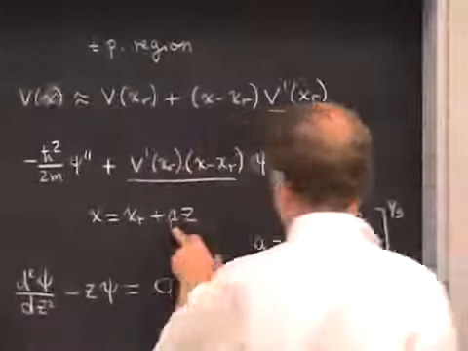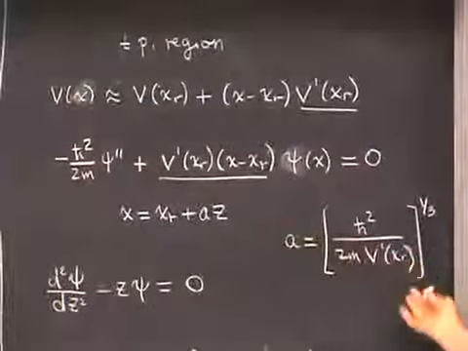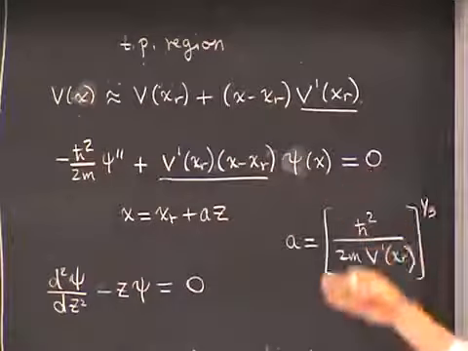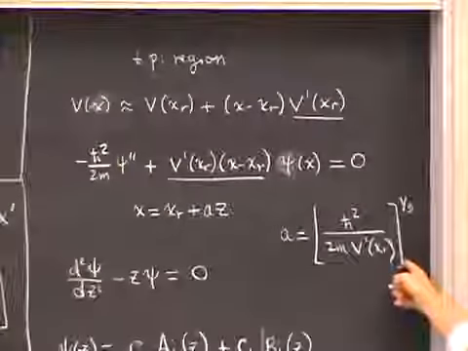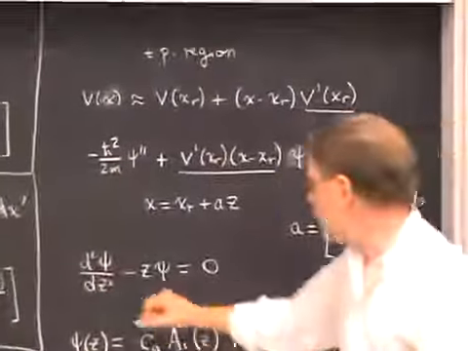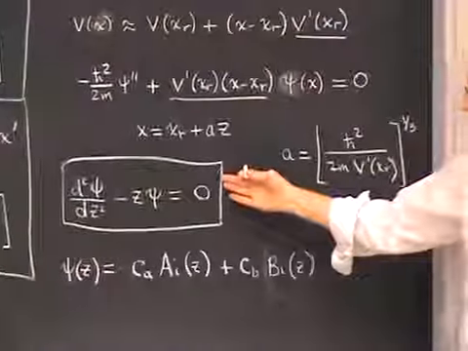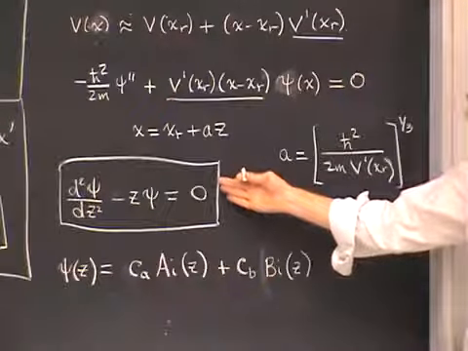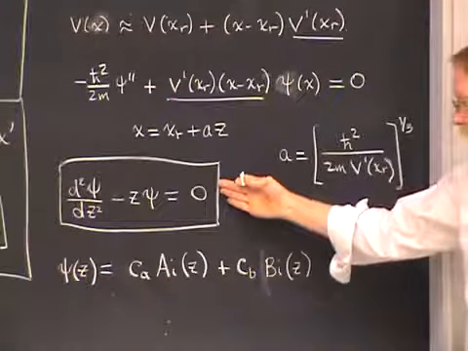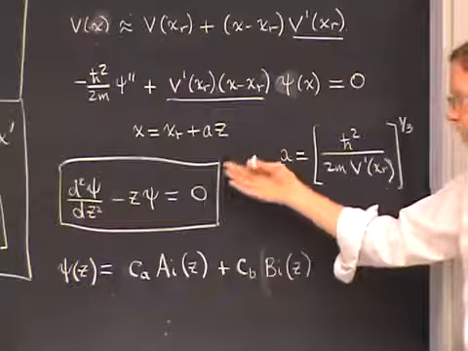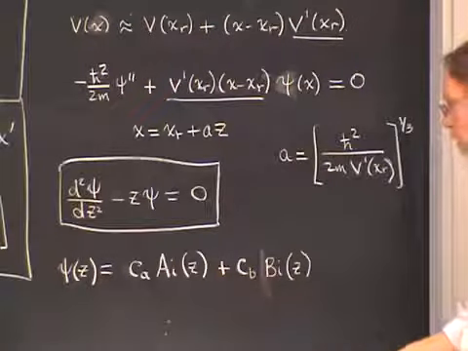And the constant a of the transformation we choose to clean up the physical constants in the Schrodinger equation, and this turns out to be the choice that does it. And if you do it, you end up with a differential equation for the wave function in the neighborhood of the turning point, which does not involve any constants at all. It's now a completely dimensionless form.